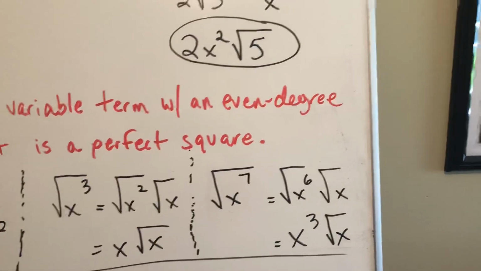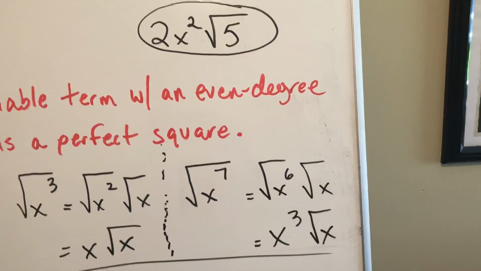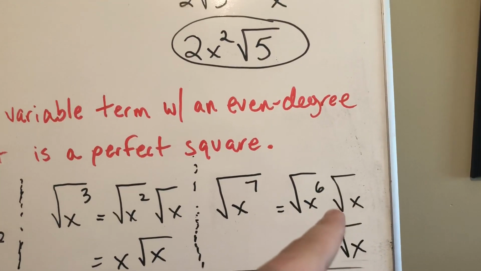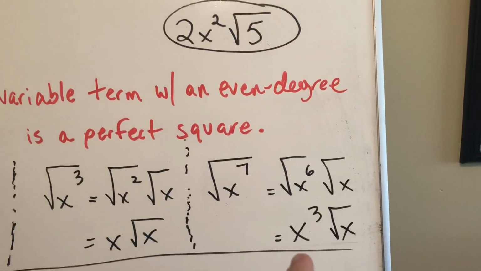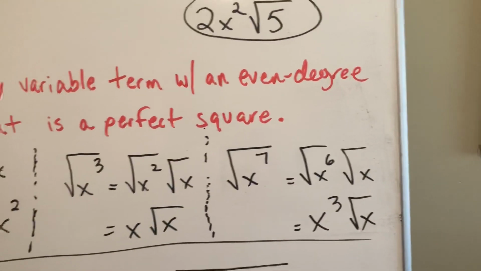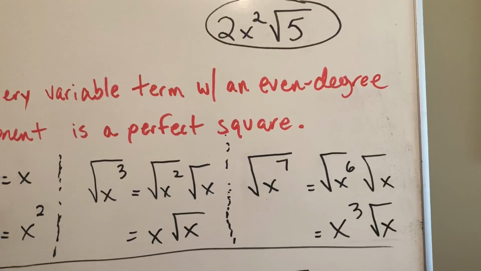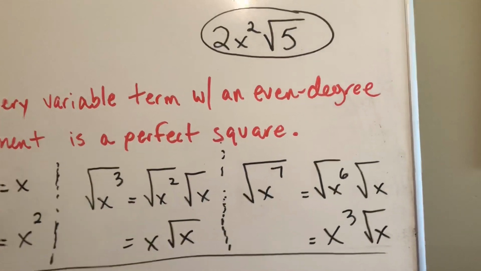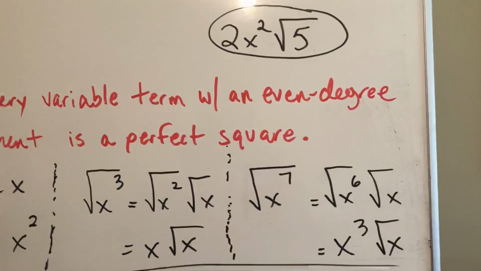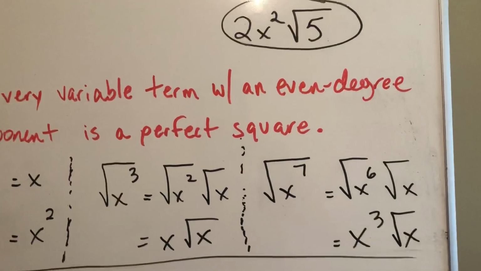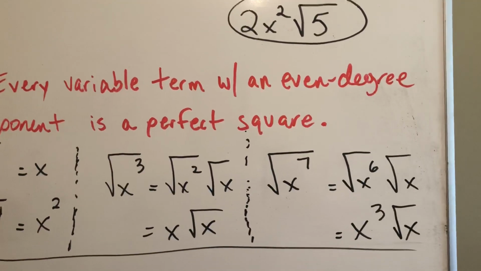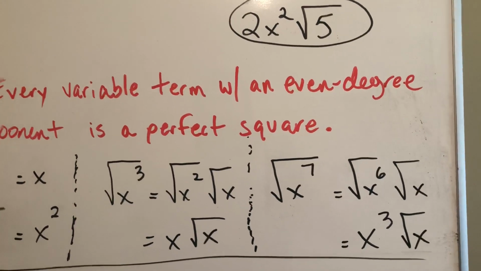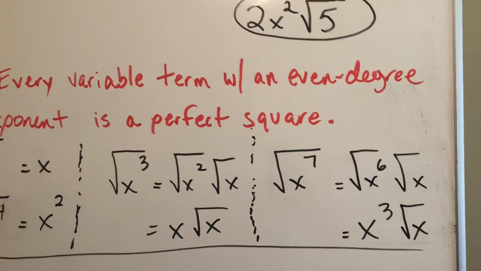Another example here with square root of x to the 7th, we're going to take the square root of x to the 6th and leave square root of x. That becomes x cubed root x. So notice what I'm doing here. The perfect square factor you want to take out is always going to be one less than that odd number. So if I had the square root of x to the 13th power, let's say, the perfect square factor you would want to use is the square root of x to the 12th and root x.